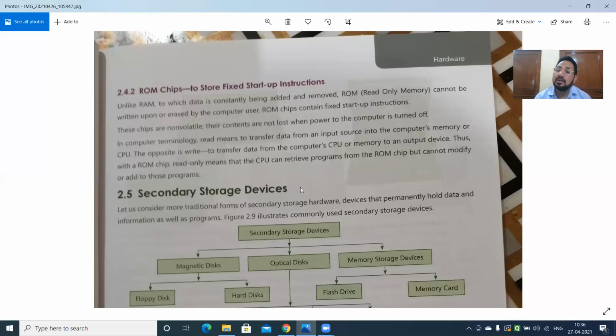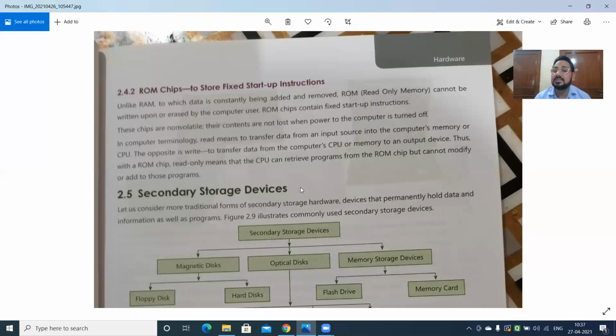Once written, only the instructions of the ROM can be read. And after that, if the system is displaying that information onto the screen, that's okay, but you cannot write again on the ROM chip. When the ROM chip was manufactured, only at that time can we write some data into the ROM. Understood?